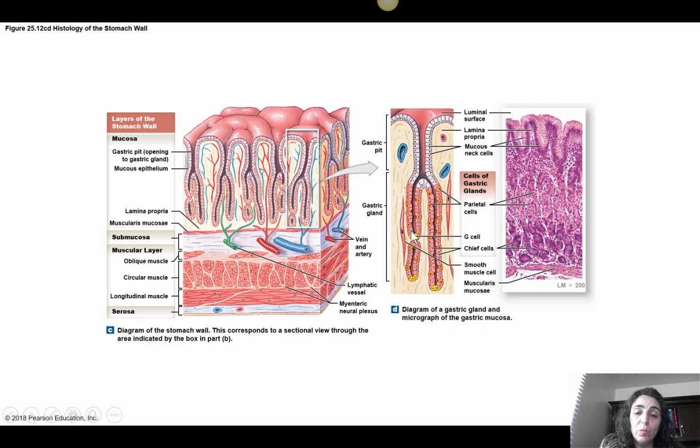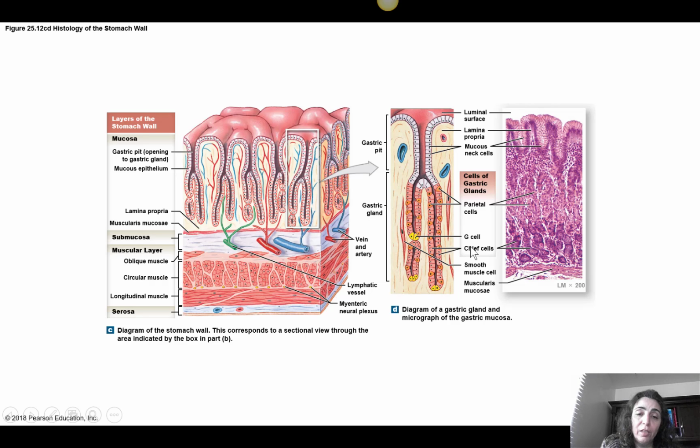We also have some cells that we call G cells. Those are part of the enteroendocrine cells inside of the stomach. G cells produce gastrin. Now let's talk about them one by one.